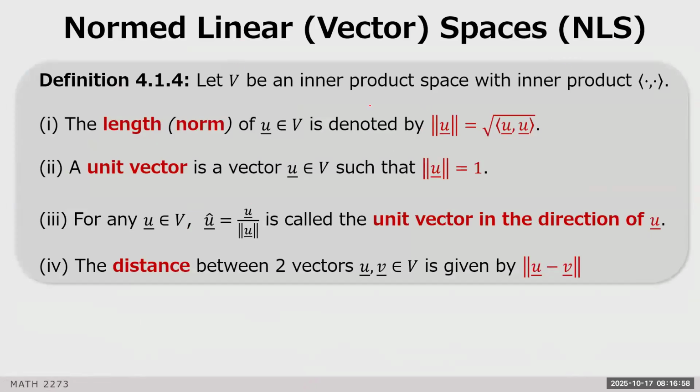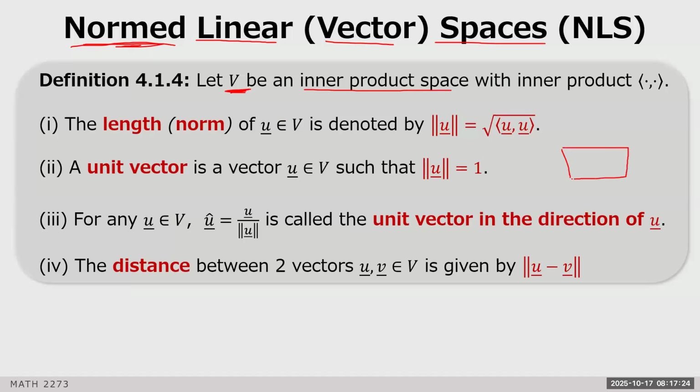Yeah, so just to recap again, we also saw something called a normed vector space. So just like we have an inner product space, which is a vector space with an inner product, there's something called a normed vector space, which is a vector space with a norm.